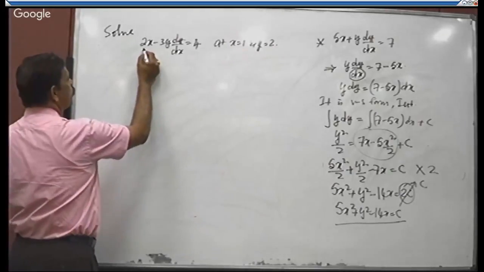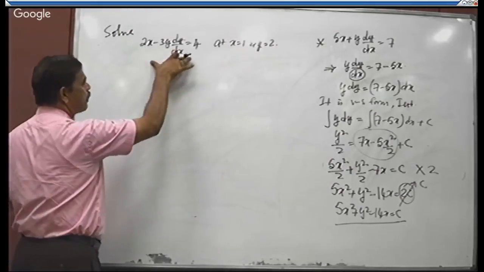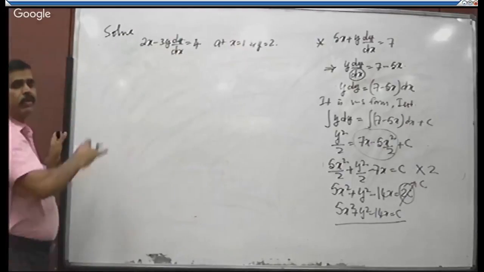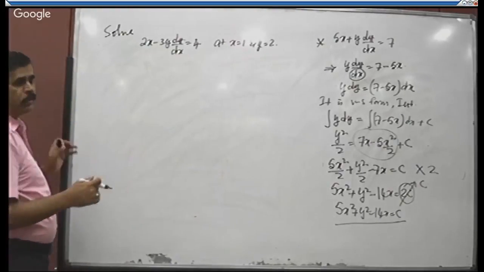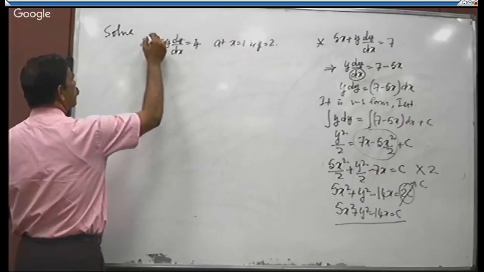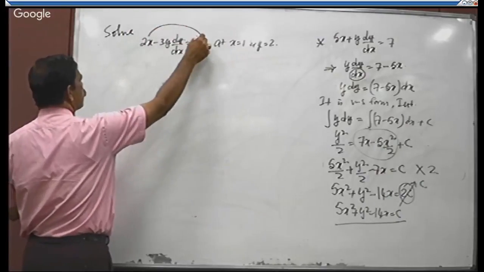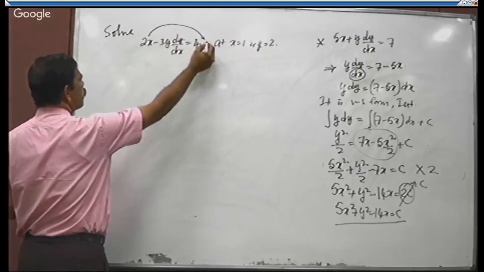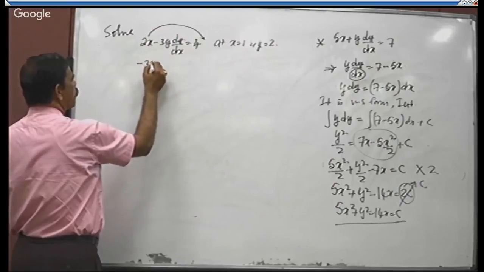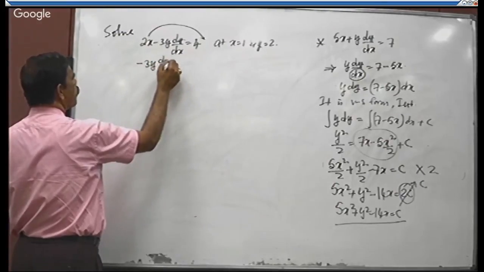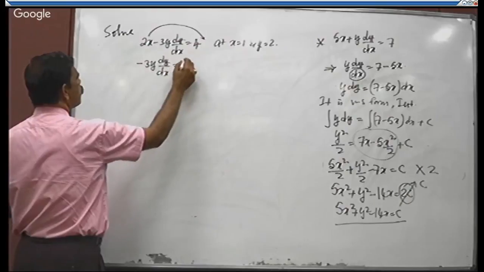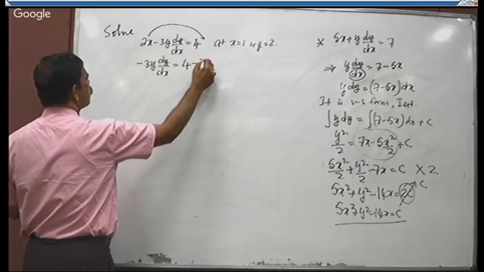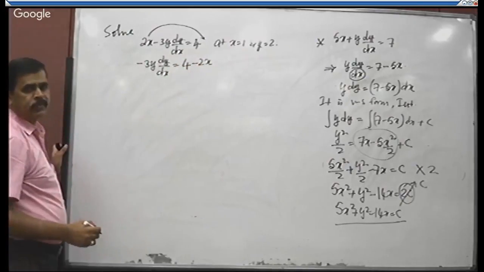Then how is it to be integrated? We cannot integrate as it is because the variables are in combined form, right? Therefore, what to do? You just send 2x to the right side. It becomes minus 3y into dy by dx is equal to 4 minus 2x, right?